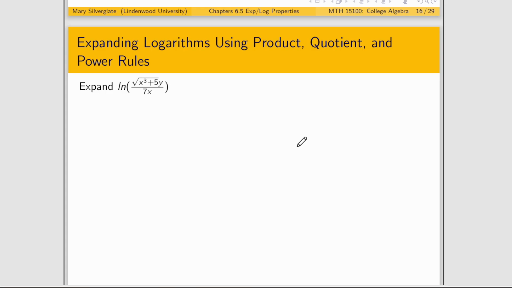When it comes to expanding logarithms, let's just get ourselves a nice order that we can follow each time. So the first thing you want to do is deal with any large fractions. First, break that up. Then you want to deal with breaking apart multiplication.